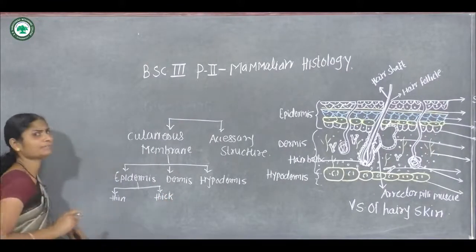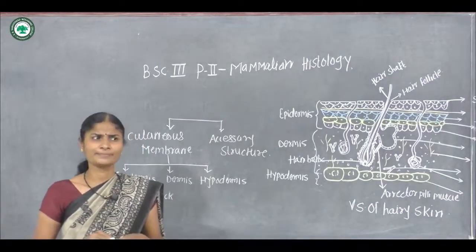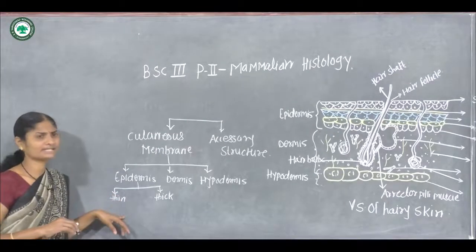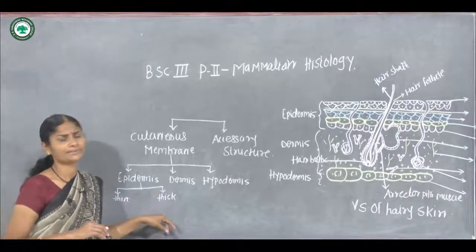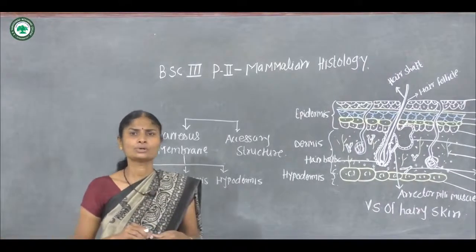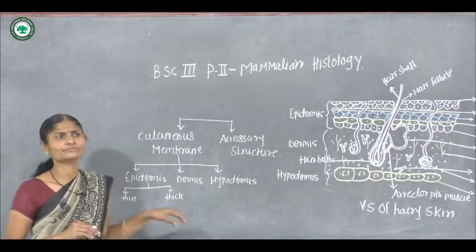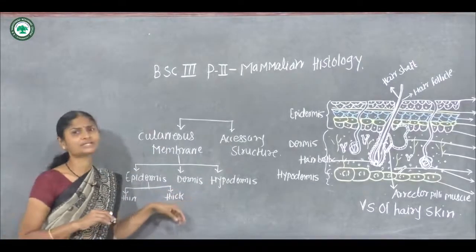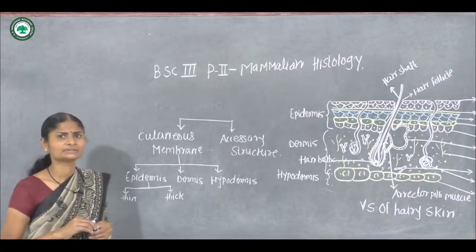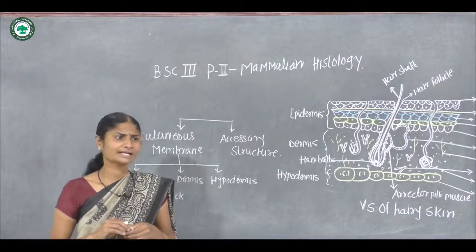Thin epidermis is present all over the body surface and mainly consists of four layers. Thick epidermis is present in the palms of the hands and soles of the feet. In this region the thick epidermis mainly consists of 5 layers.